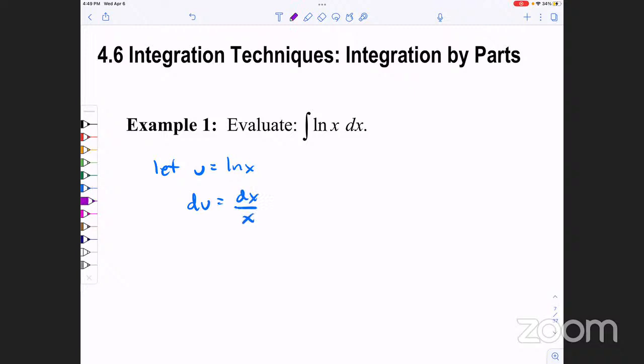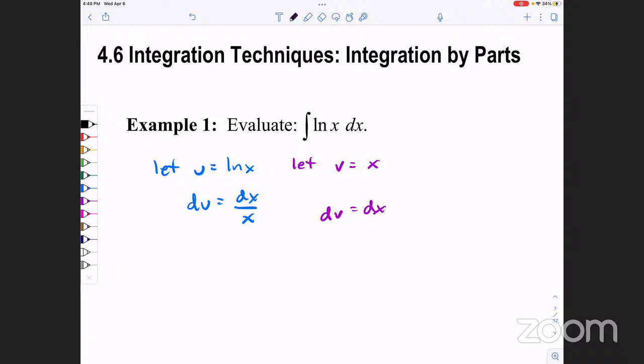And then we're going to let dv be dx, right? And the integral of dx, so that means our v is x, because that was easy to integrate.